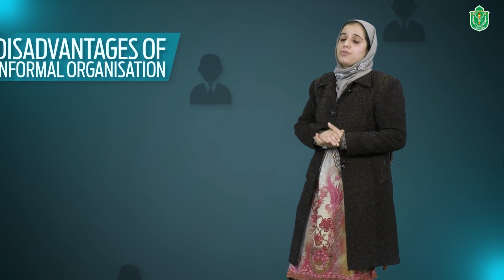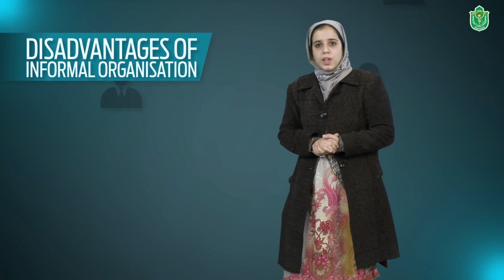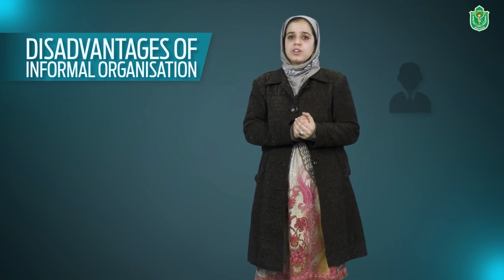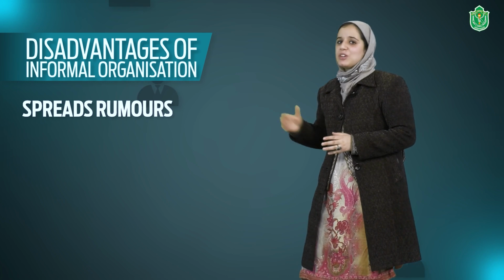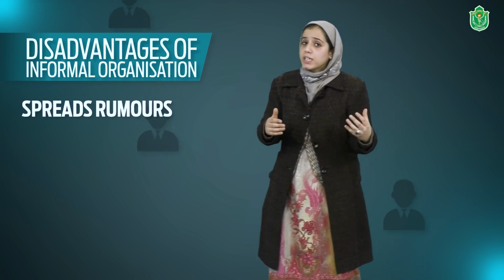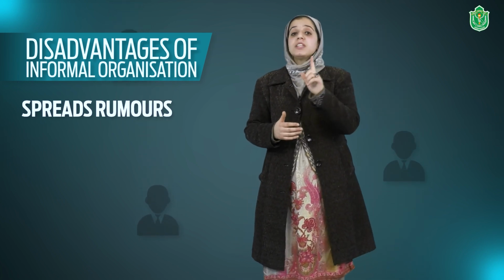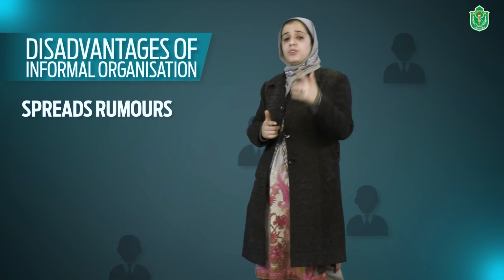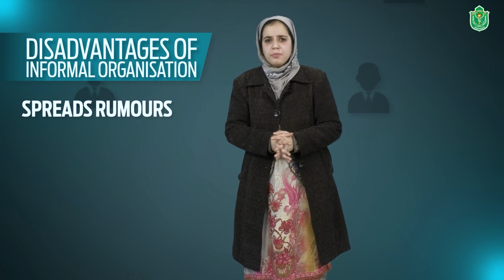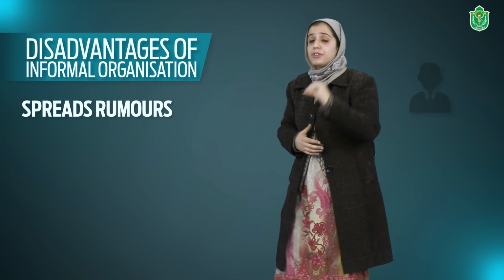Coming on to the next, that is disadvantages of informal structure. Because this informal structure has some disadvantages or limitations as well. First is spread of rumors. According to a survey, 70% of the information flowing through this informal organization is rumor, because it is not following any definite path, any scalar chain.